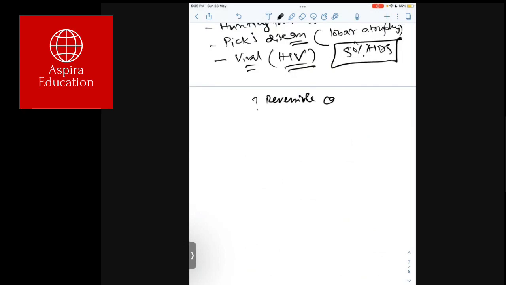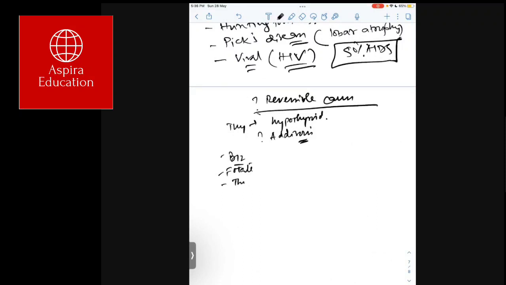So what are the reversible causes of dementia? Check for the thyroid status. If the patient is having hypothyroidism, that's a reversible cause of dementia. Whether the patient is having Addison's disease, that's a reversible cause of dementia. So check for the condition, basically. Then B12 deficiency, folate deficiency, and thiamine deficiency. So B vitamin deficiencies are reversible causes.